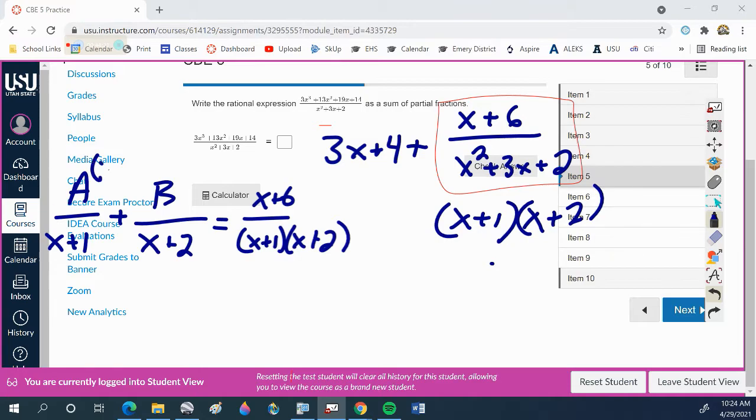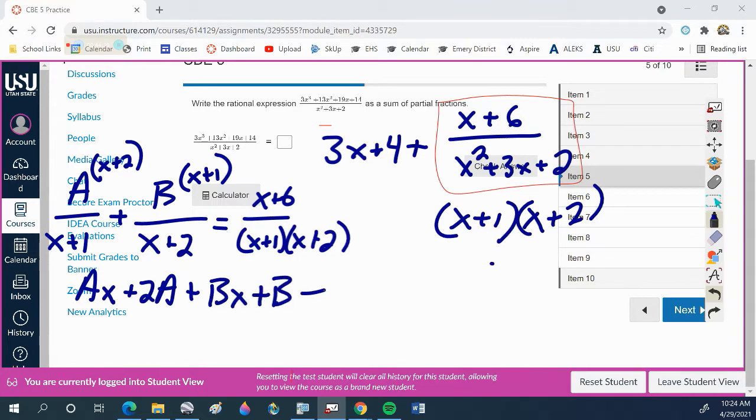So this one needs an x plus 2, and this one needs an x plus 1. So when I distribute, ax plus 2a plus bx plus b equals x plus 6. Okay, I did that really fast. Does everybody follow?